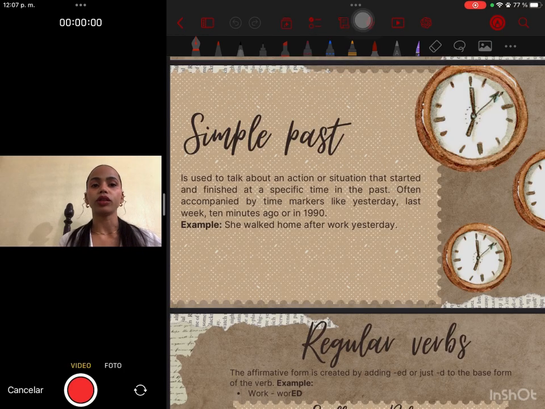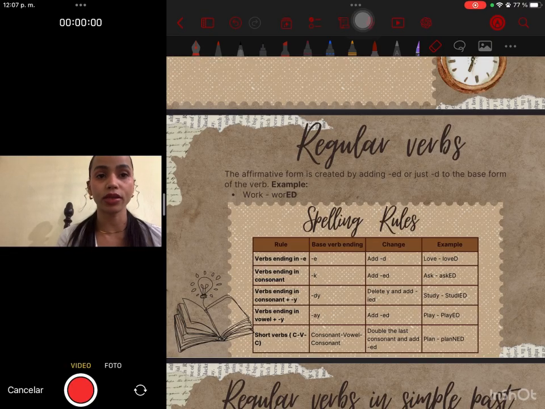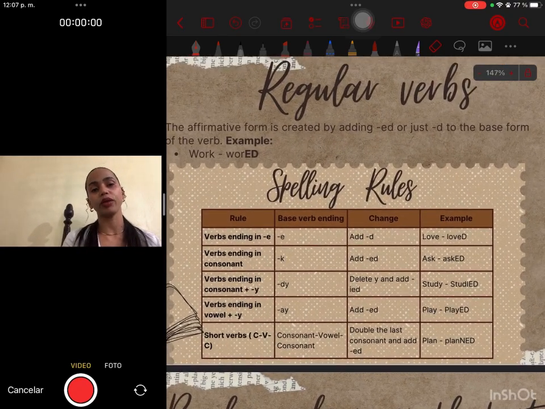Example: she walked home after work yesterday. For sentences in simple past, you need a regular verb. The affirmative form is created by adding ed or just d to the base form of the verb. Example: worked. Regular verbs have spelling rules.